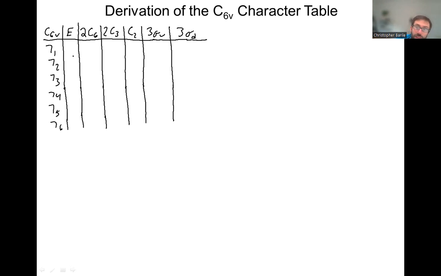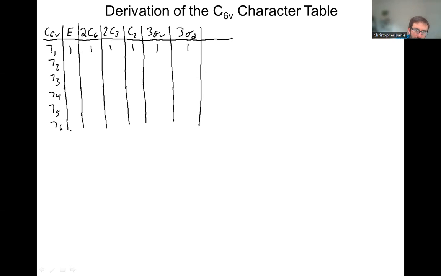So the first thing at this point now is to assign 1s to the first representation, 1s across the board. This is what we call the totally symmetric irreducible representation, and every character table always is going to have one of these totally symmetric ones where you have ones across the board.